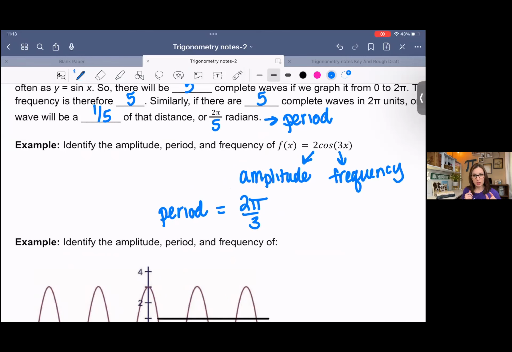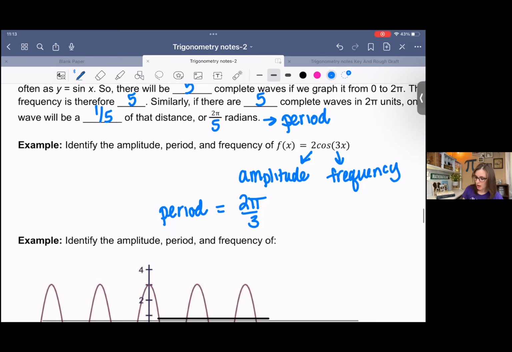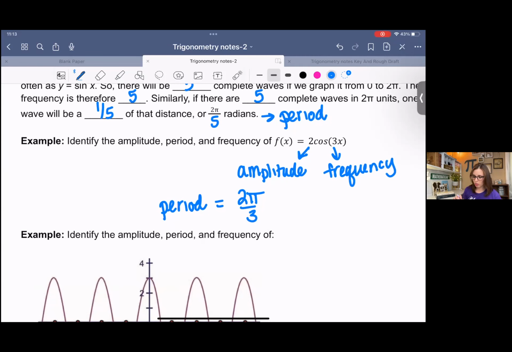It's that number out front because we're doing 2 times the original cosine. The frequency is 3 because that's the number with x on the inside. We're having 3 waves completed in a 2 pi period. And then the period is 2 pi divided by 3 because each wave is 1 out of the 3. So it's a third of 2 pi. So amplitude 2, frequency 3, period 2 pi over 3.